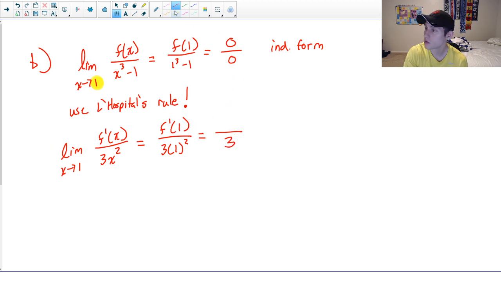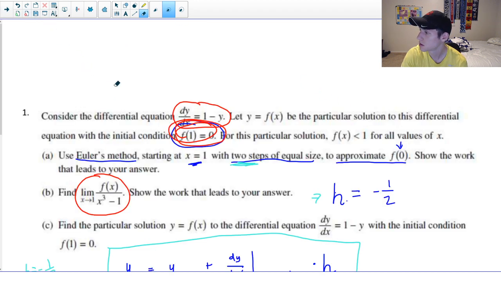Now f prime of 1, right, that's the same thing as saying, or wait a minute, sorry, hold on. Let me go back to my equation. What was my equation? Oh, hold on, I lost track of it on my screen. So where'd it go?